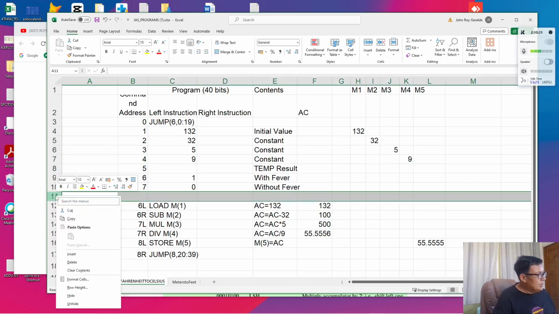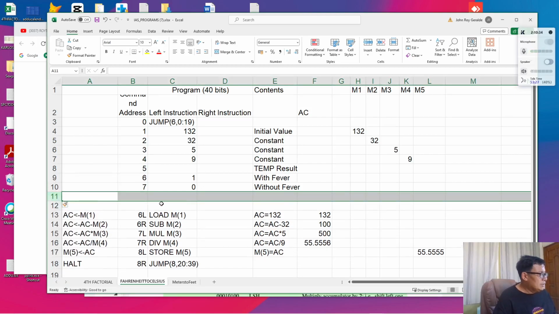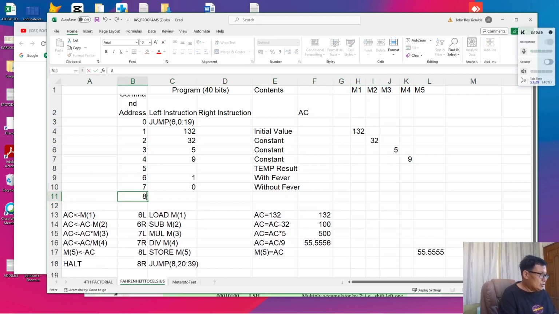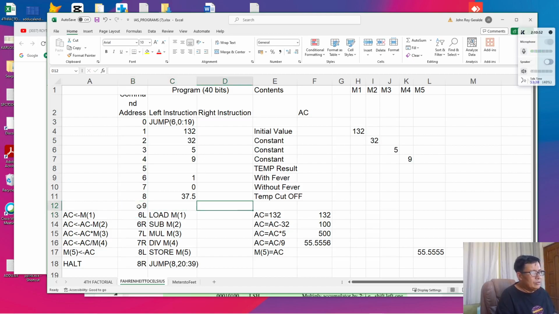So now let us add another variable that can be used to store the cutoff of 37.5. Our final result will be stored in M9. So this final result is a decision. We assume the decision is 1 if the person is having fever, and the decision is 0 if he is normal.